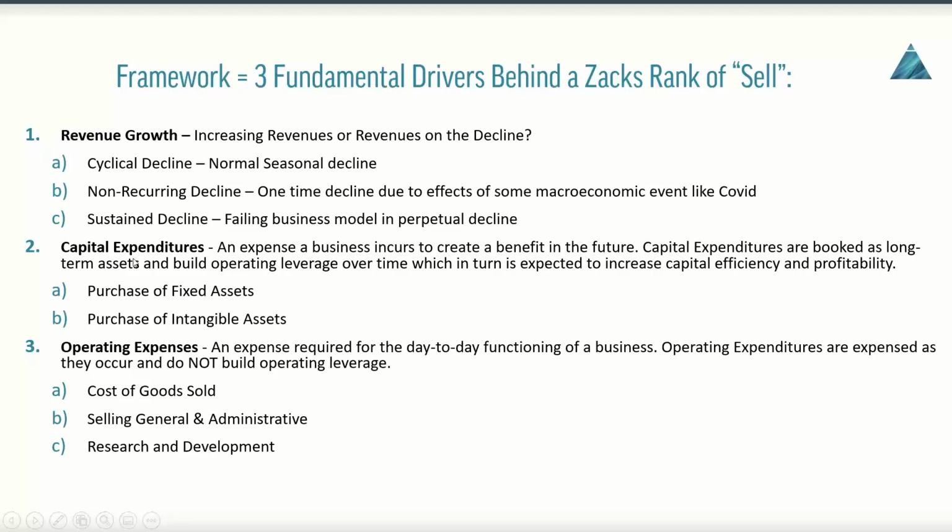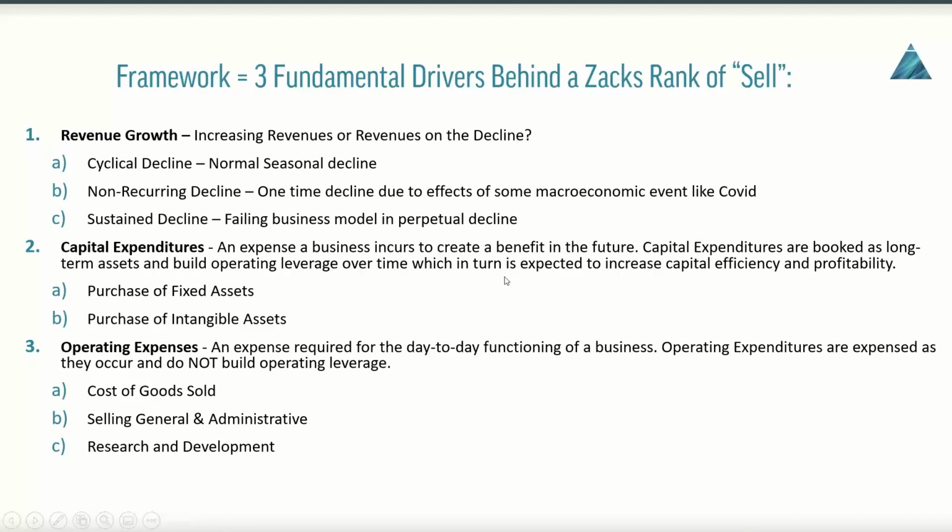So capital expenditures are very, very different, right? This is an expense that a business incurs to create a future benefit. So capital expenditures are fixed asset purchases, intangible asset purchases. These purchases are booked as long-term assets, and they build operating leverage over time.